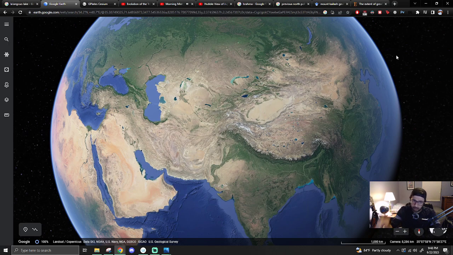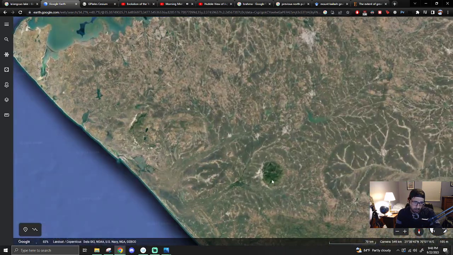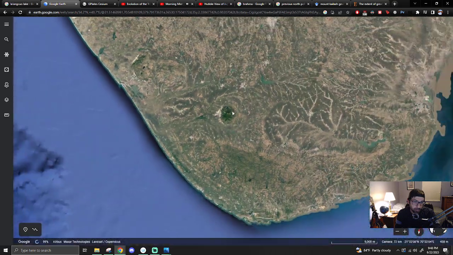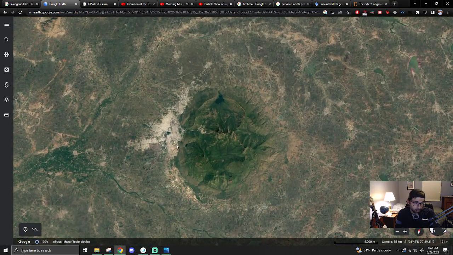Because I feel like Mount Girnar represents Mount Meru to a point where I think it's got a square with a hexagon.